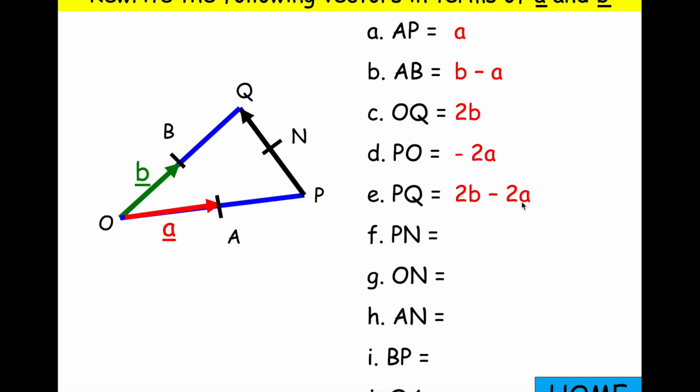So that's equal to 2B minus 2A. Next, you are asked to find vector PN. Now, vector PN is just half of PQ. So you divide this by 2. So you should be getting B minus A. So you go negative A and then B, and that gives you vector PN.